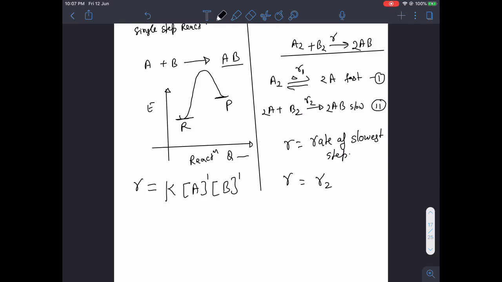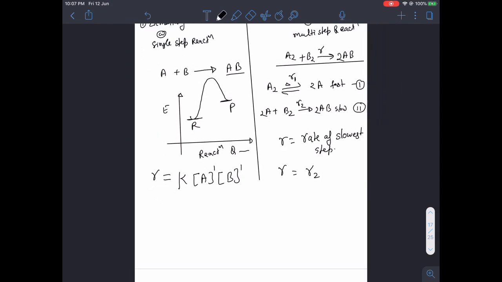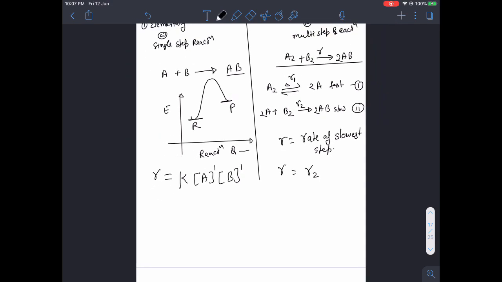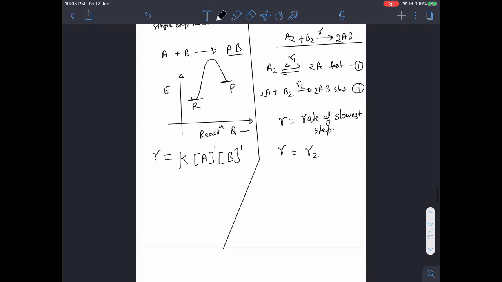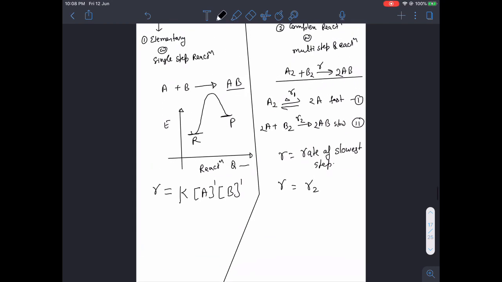Now, the next very important challenge is how to write the rate expression for this one. Like we have already seen, in an elementary reaction we can write the rate expression directly by multiplying A and B, and the powers will be their coefficients.